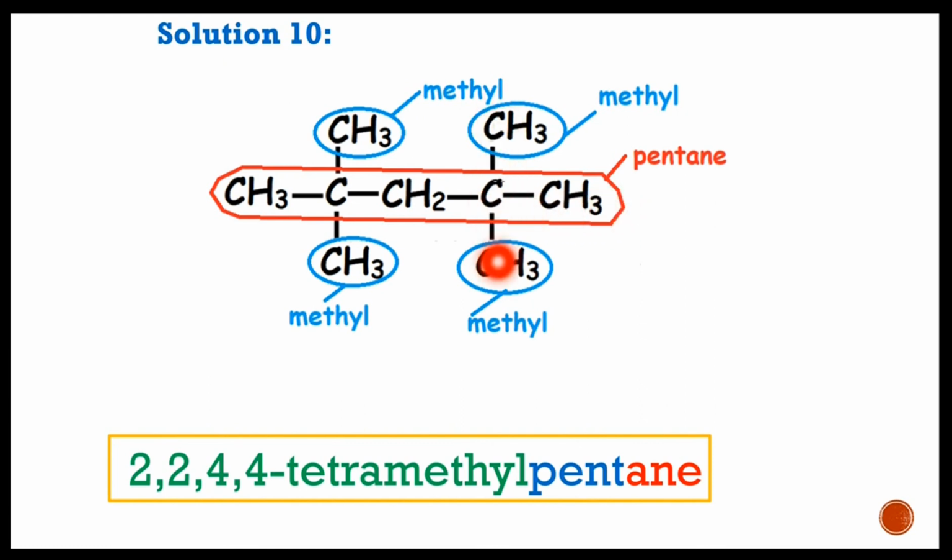So the first 2 substituents will have the location numbers 1, 2, then 3, 4. So the next 2 would have the location numbers 4 and 4. Then bring a hyphen, then tetramethylpentene. So there you have it. So this is our 10th and last example.